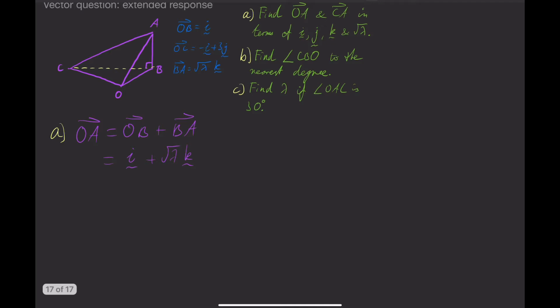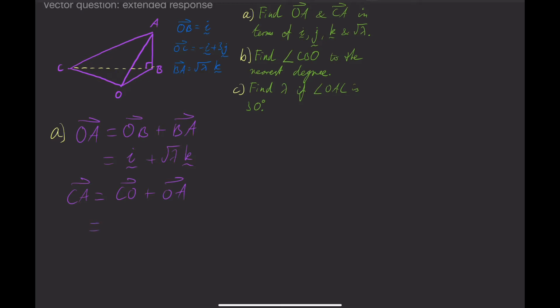All right, now we need CA. So let's look at the journey we have to take. To get from C to A, we need to get from C to O, and then from O to A. We know O to A, so that's good. We already have that. So we need CO plus OA. Now, we know OC, so OC is negative i vector plus 3j vector. That means CO is the opposite direction.